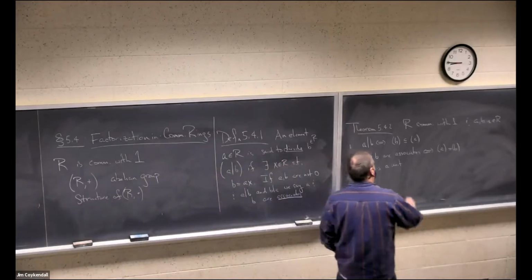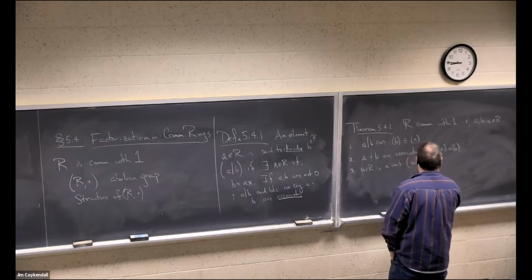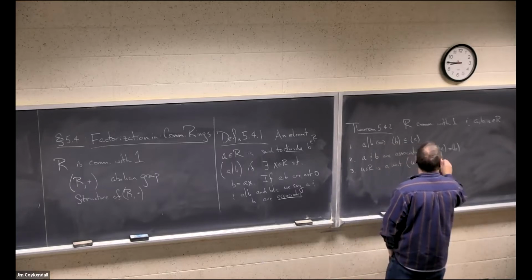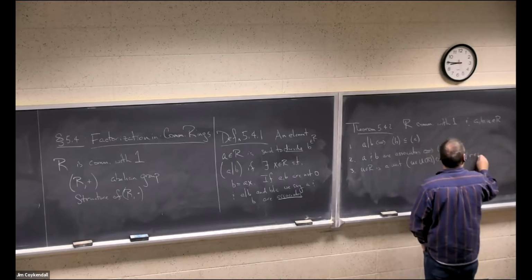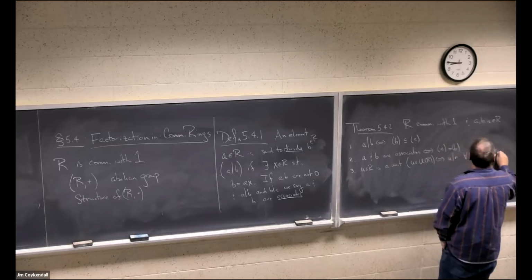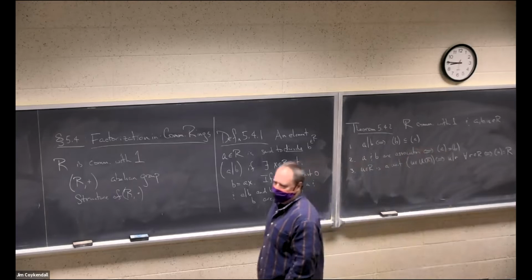Let me remind you of that notation. That notation is units of R, if and only if U divides all elements of R, if and only if the ideal generated by U is all of R.